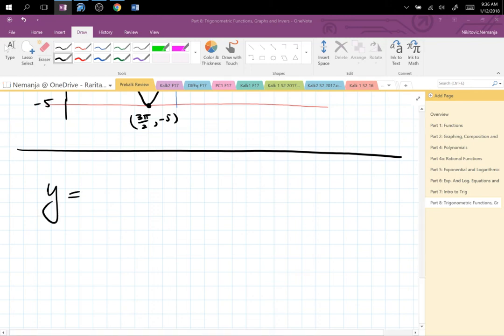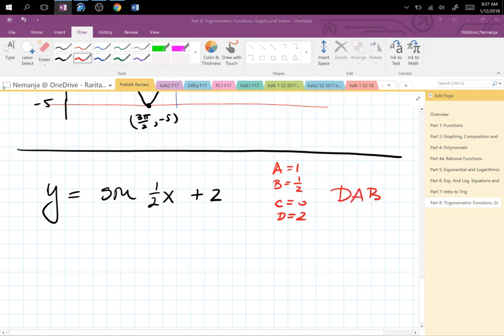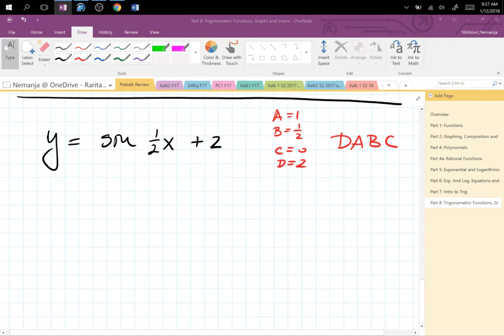Y equals sine of 1/2 x plus 2. So the specs on this problem are A equals 1, B equals 1/2, C equals 0, and D is equal to 2, and we still have our order to worry about to get the box done.